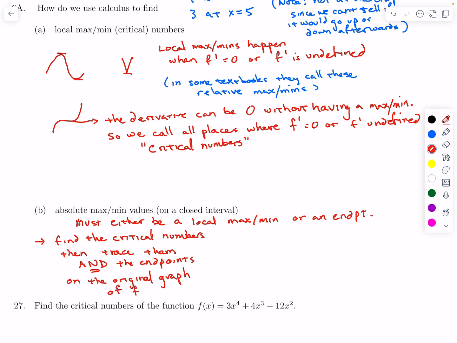So we plug in the critical numbers and we plug in the endpoints. You can do that the easy way by just tracing, of course. So we find the highest output, that'll be the absolute max value.